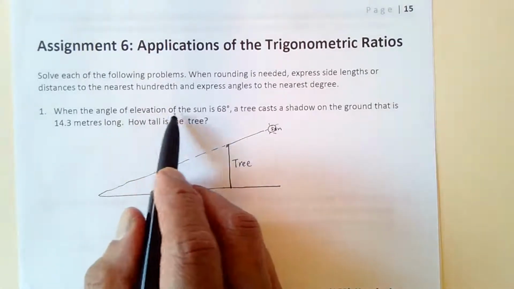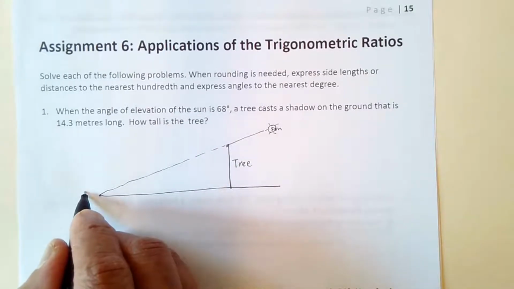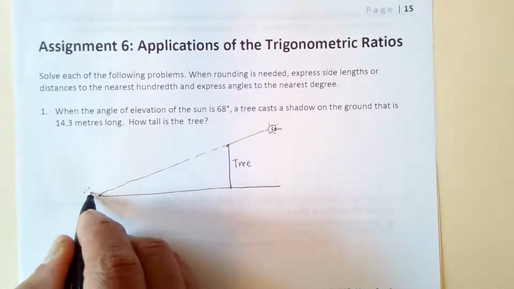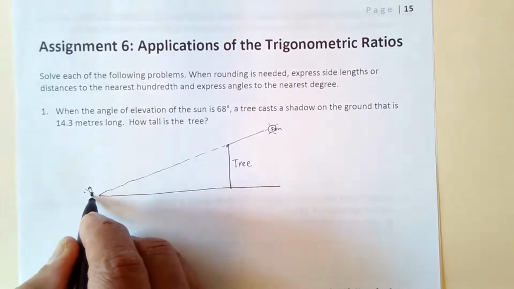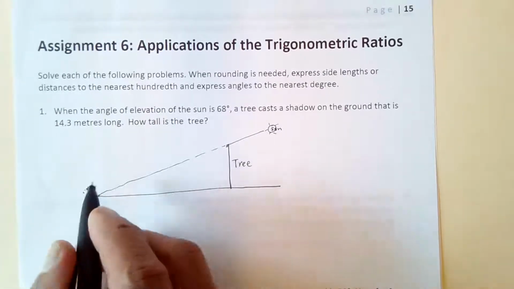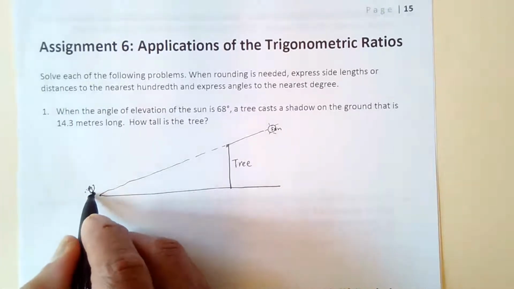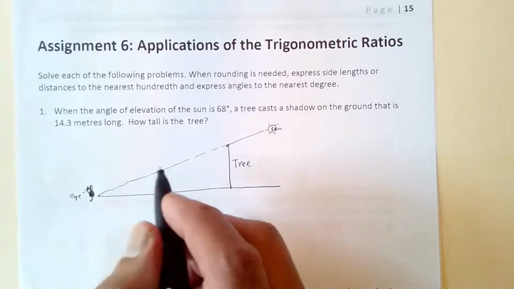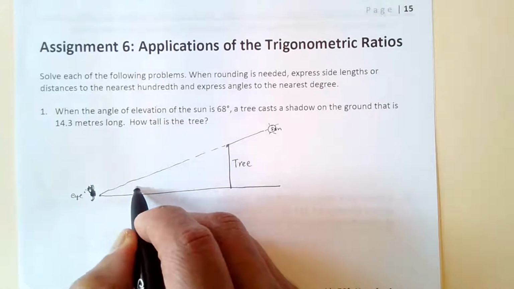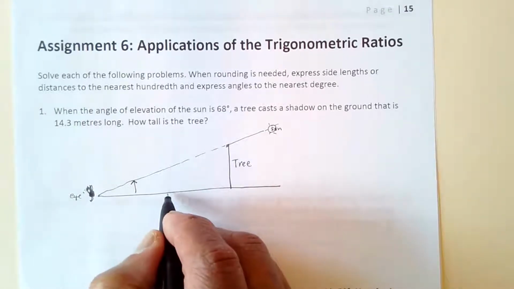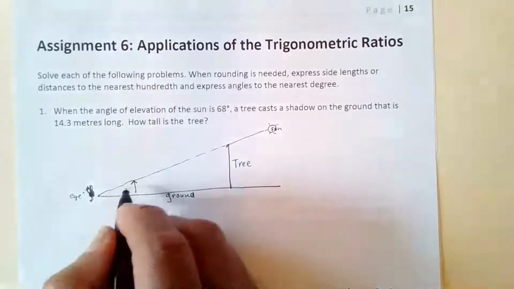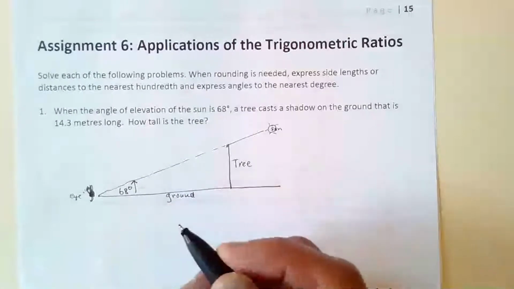When the angle of elevation of the sun, you are looking from this vantage point, your eye here. This is your angle of elevation from the ground, and the angle of elevation is 68 degrees.